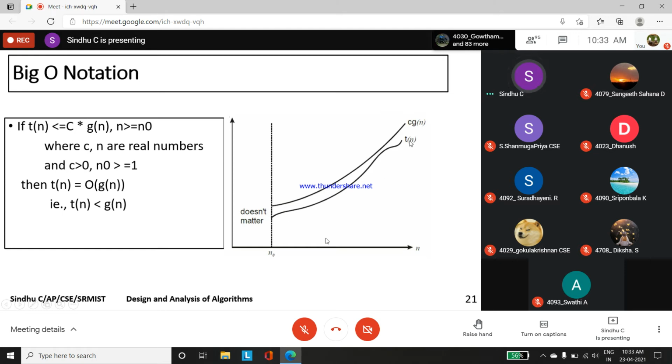Okay, this is the function t of n. For that input, what is my algorithm giving as the output? It can be the analysis of your marks, it can be the analysis of your extracurricular activities, anything based on the problem. And this c g of n, c is the constant, g of n is a function. Okay, this is an asymptote of this graph or this curve, right? It doesn't intersect, but it closely follows this graph t of n.